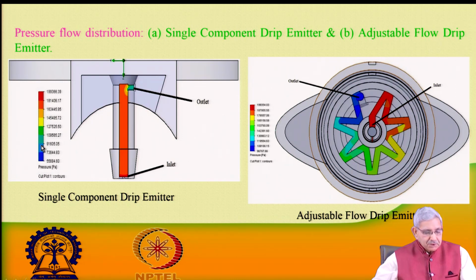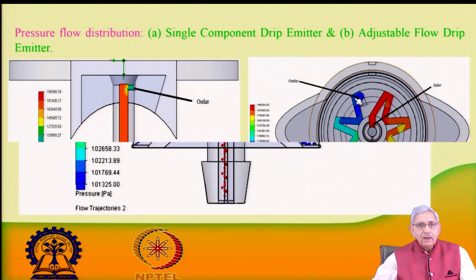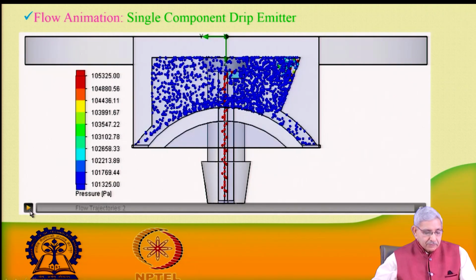So, how the pressure varies at different points inside the dripper can be seen. The different colors here: the dark red color, and then the blue color at the outlet. You can see here that the pressure is reduces as the water goes through.